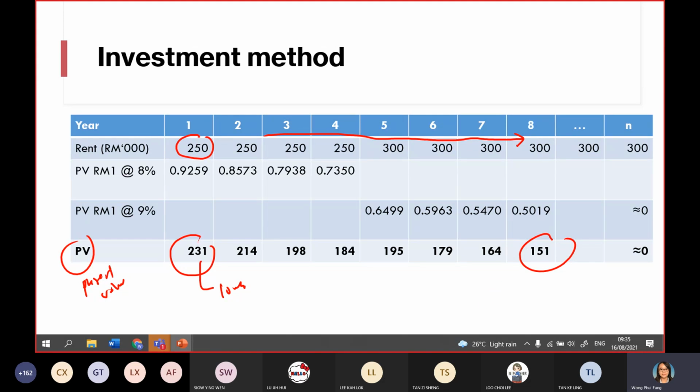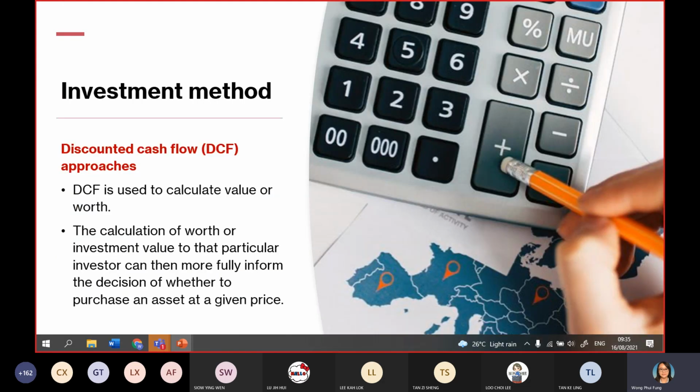Okay? All right, last part, discounted cash flow. You want to have a break or you want to continue? Class, this is the last part already. Quite long, I think half an hour. You want to continue or you want to have a short break before I continue the last part? Can anyone respond? Break, okay.